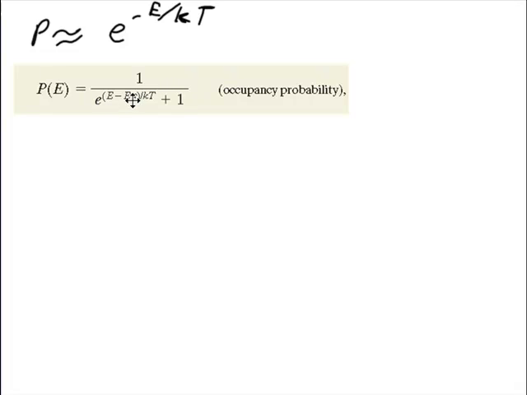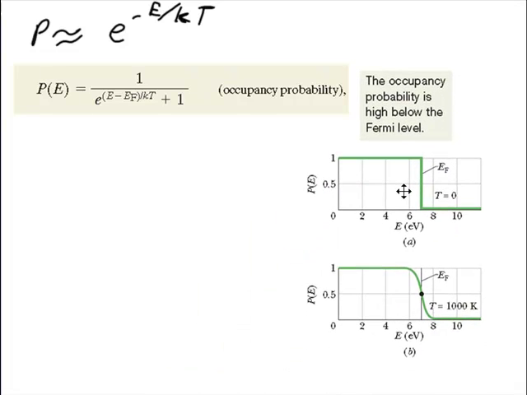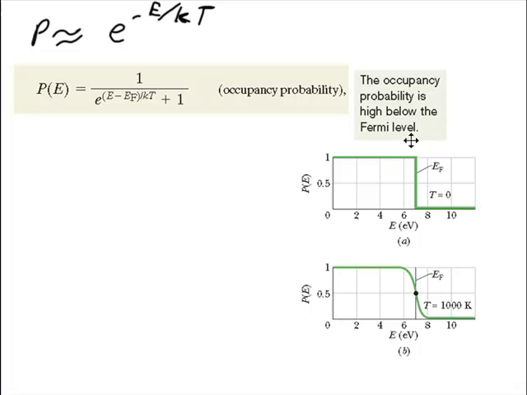But if we're at energies much smaller than the Fermi energy, this term becomes essentially 0, and the probability just becomes 1. In other words, at 0 temperature, where it's simplest, this probability is 1 all the way up to the Fermi energy, and 0 thereafter.